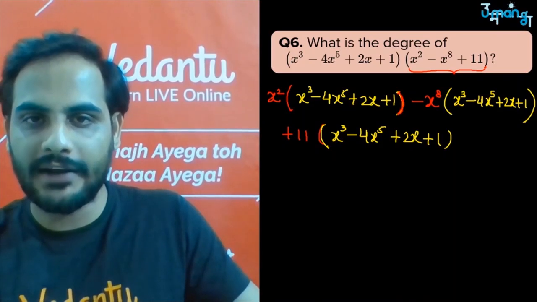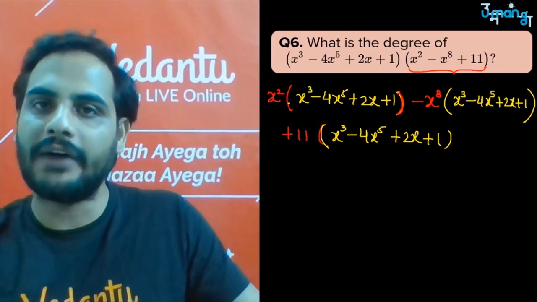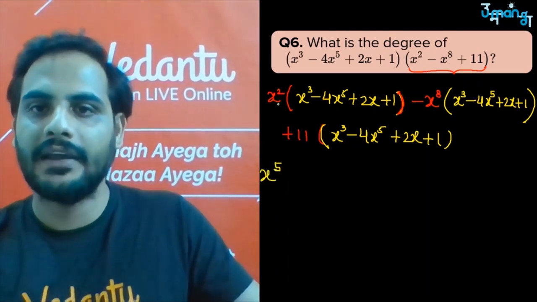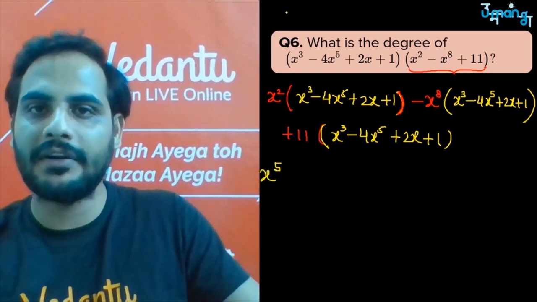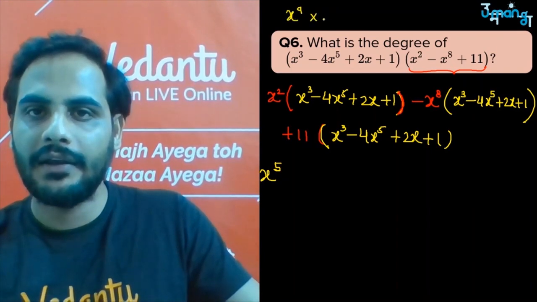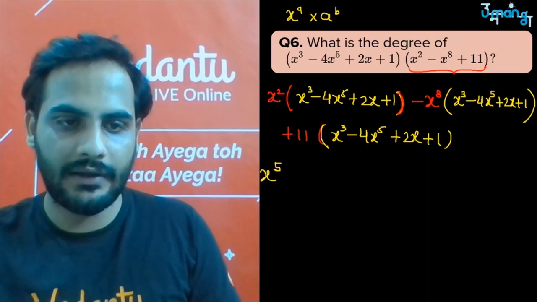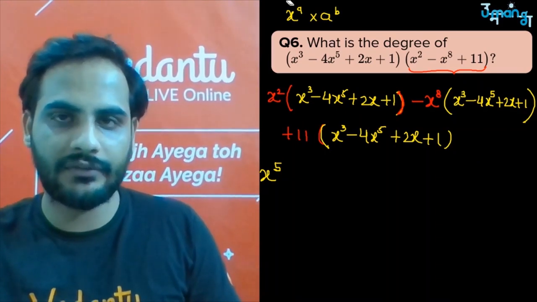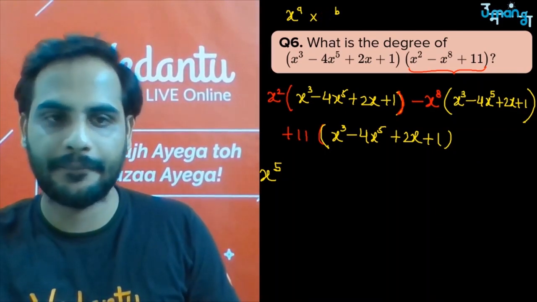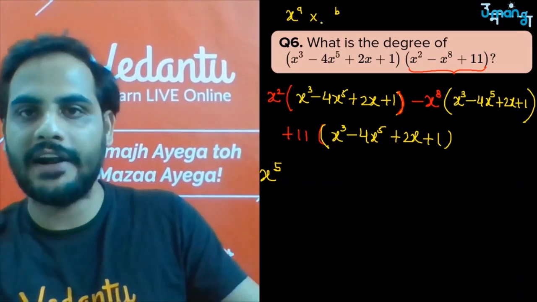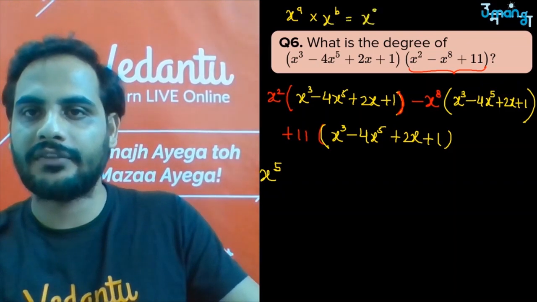So what you'll be getting, x square into x cube, powers will be added. X square into x cube is x raised to the power 5. Remember this property, x raised to the power a into x raised to the power b will be equal to addition of the powers, that is x raised to the power a plus b.